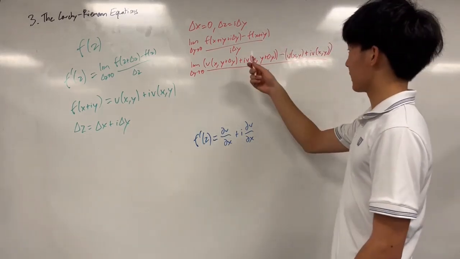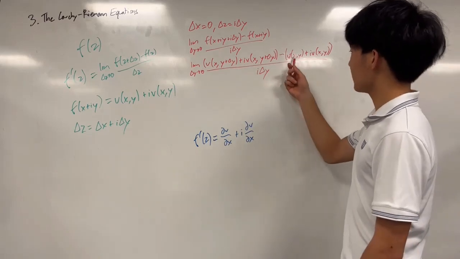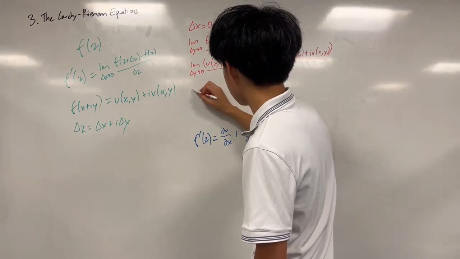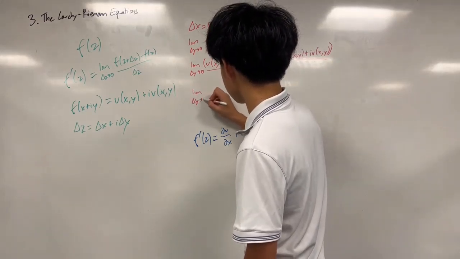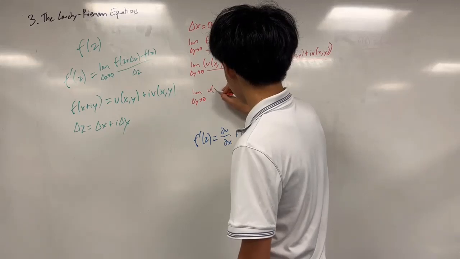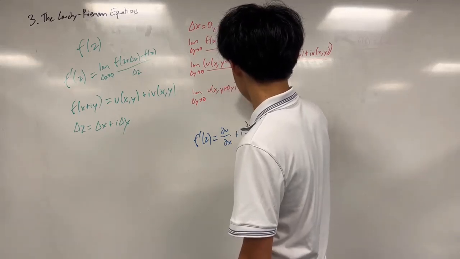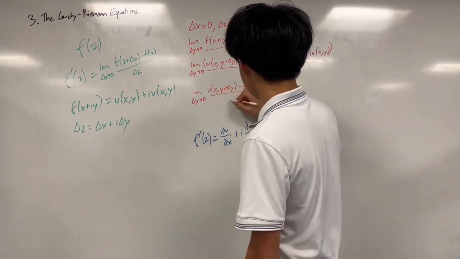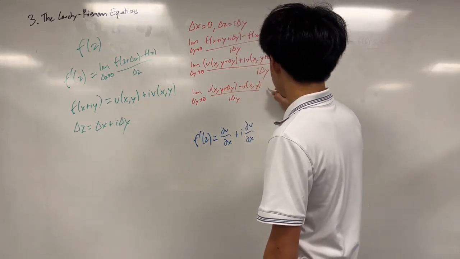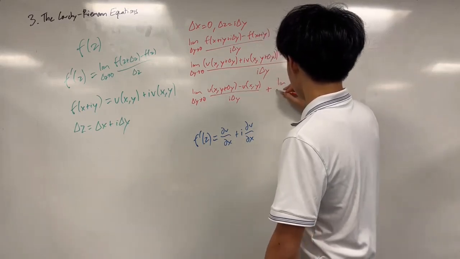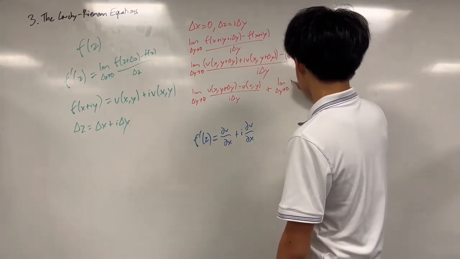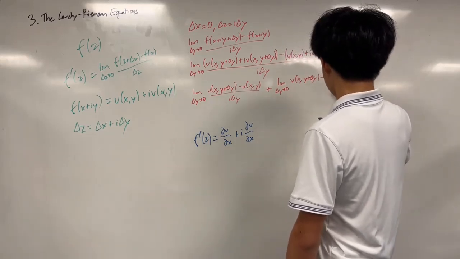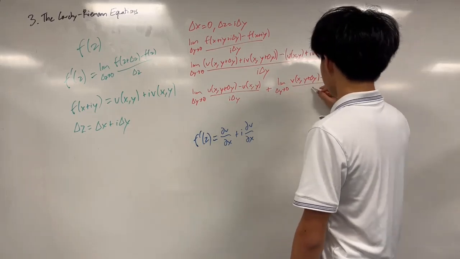Once again, we break open the parentheses, combine the u's and v's, break the limit, all that, and eventually we get that the limit as delta y approaches 0 of u of x, y plus delta y minus u of x and y over i delta y, plus the limit as delta y approaches 0 of v of x, y plus delta y minus v of x and y over delta y.